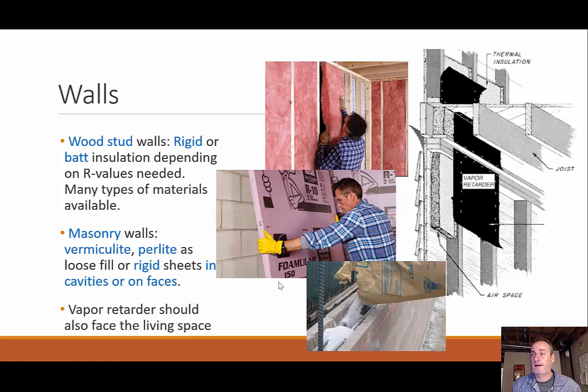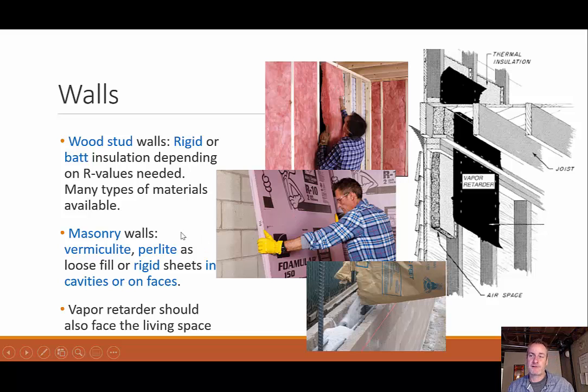For walls, we could use either rigid or this batt insulation. So here we see some rigid, here we see some batt insulation. Depending on what kind of R value is needed, I get a much better R value with this insulation than I do with this foam insulation.